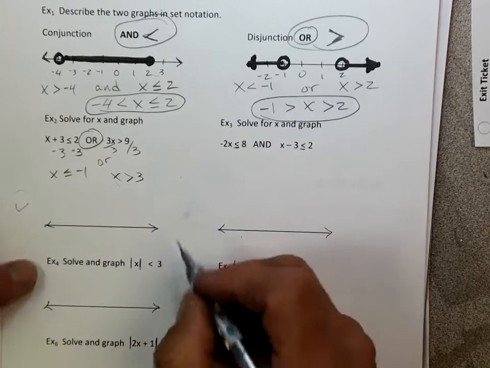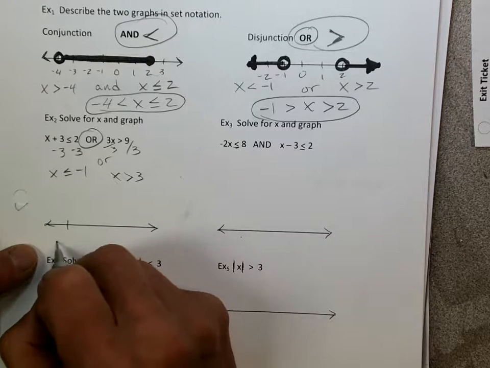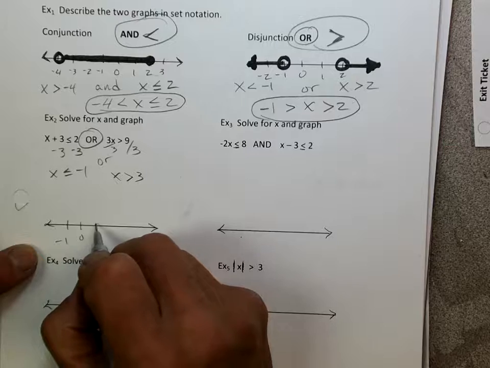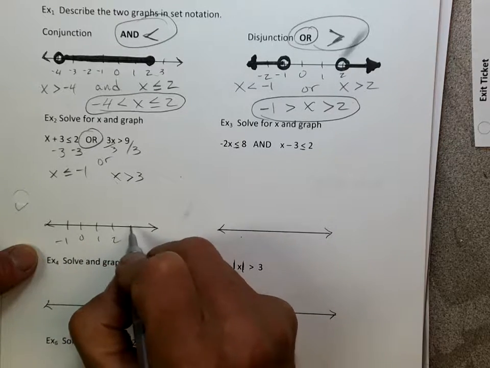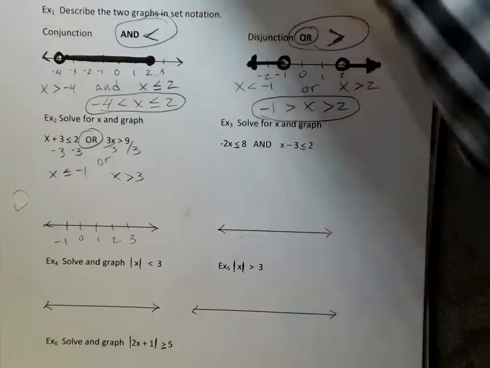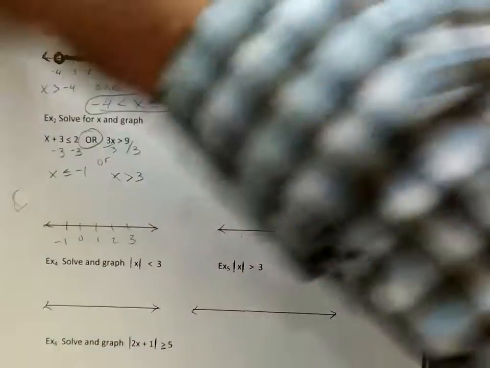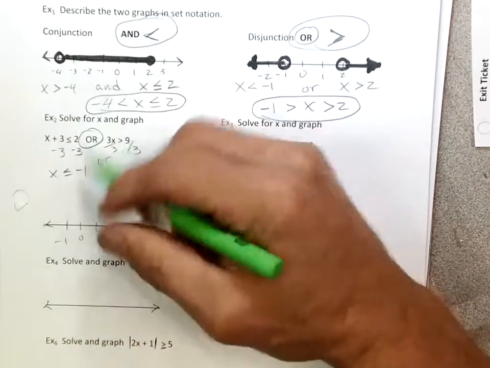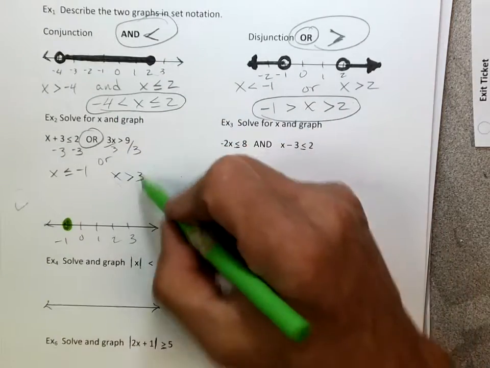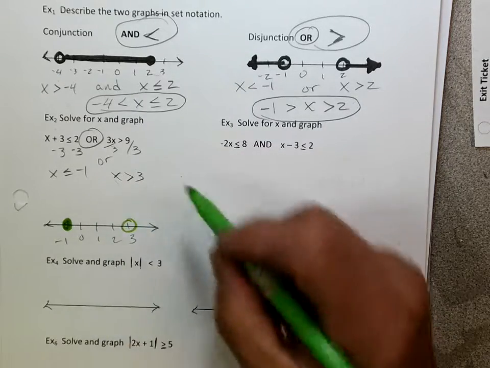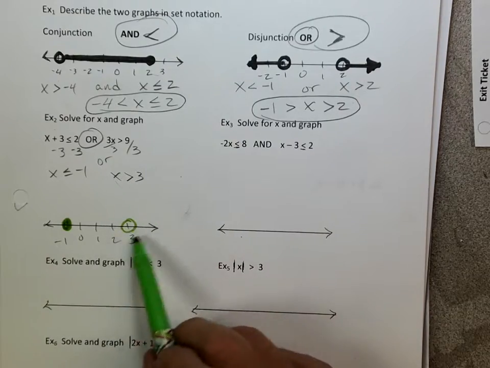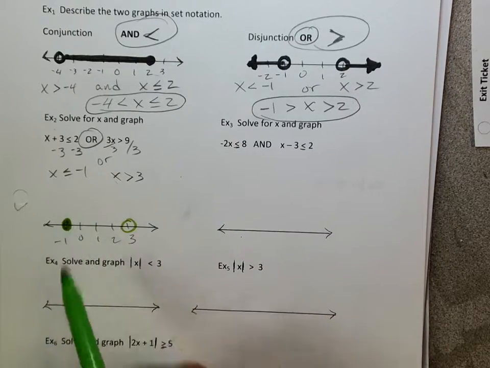All right, so let me put a negative 1, 0, 1, 2, 3, right? I'll put a solid dot on negative 1. I'll put an open dot at 3 because there's no little equal sign for the 3, right? So if you don't have a little equal sign, it's an open dot. If you've got a little equal sign, it's a closed dot.